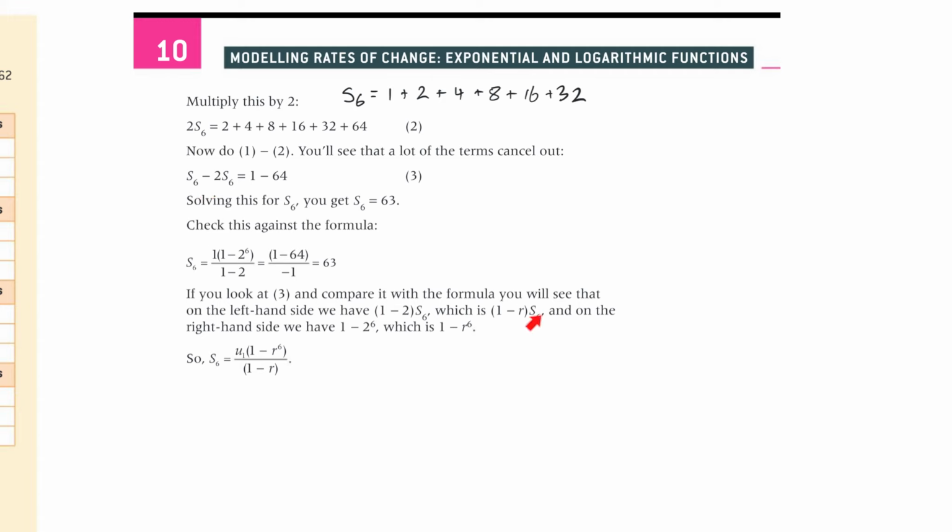Which is 1 minus r, and in our case r was 2, so 1 minus 2 times S6 is 1 minus r times S6. And on the right-hand side we have 1 minus 2 to the 6th, which is 1 minus r to the 6th. And so there's our formula. And these are the things we looked at in the table in this investigation that we just did. Okay, great.